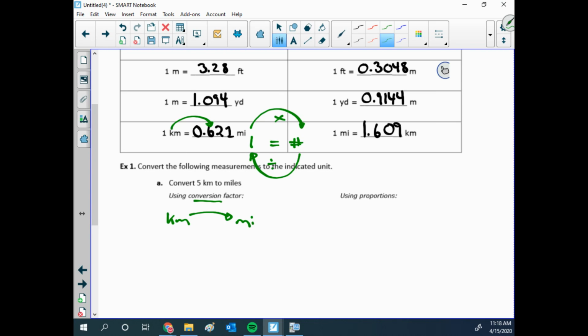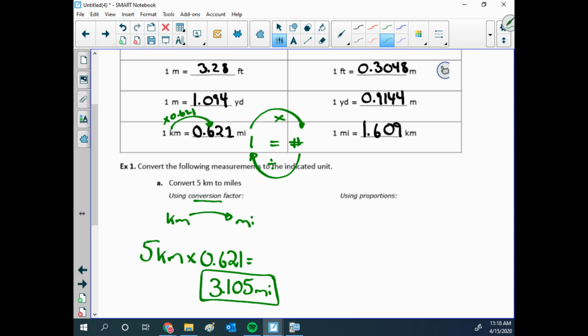So to go from 1 kilometer to 0.621 miles, I just have to multiply by that number. Using my conversion factor, I take the 5 kilometers and multiply it by 0.621, and that will tell me how many miles that is. When I put that in my calculator, I get 3.105 miles. Again, make sure your final answer includes your units. I'm not going to be picky if you just leave it to the nearest tenth and didn't include that.